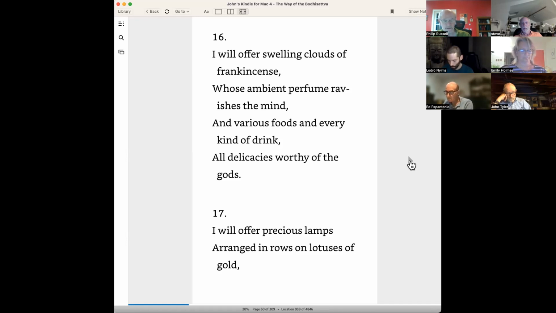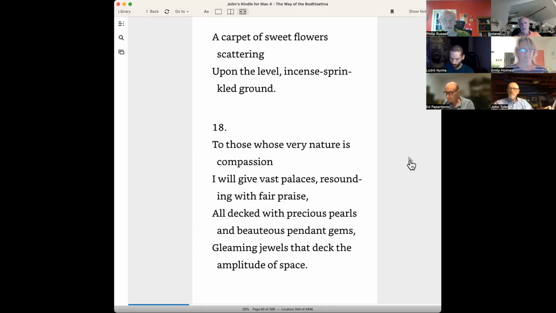I will offer precious lamps arranged in rows on lotuses of gold, a carpet of sweet flowers scattering upon the level incense-sprinkled ground. To those whose very nature is compassion, I will give vast palaces, resounding with fair praise, all decked with precious pearls and beauteous pendant gems, gleaming jewels that deck the amplitude of space.